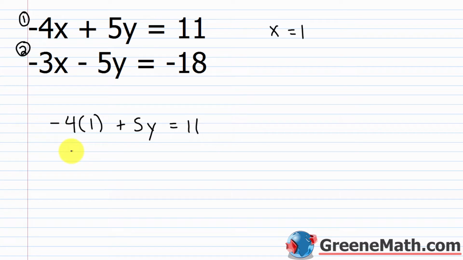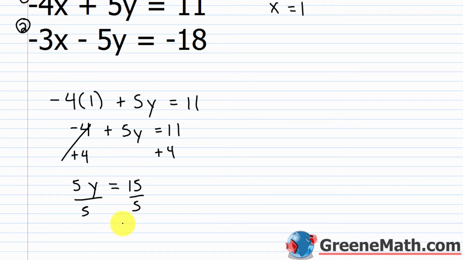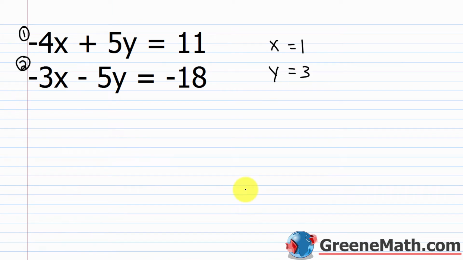Negative 4 plus 5y equals 11. Add 4 to both sides, and I'll have 5y equals 11 plus 4, which is 15. Divide both sides by 5, and you get y is equal to 3. So this represents the ordered pair (1, 3).